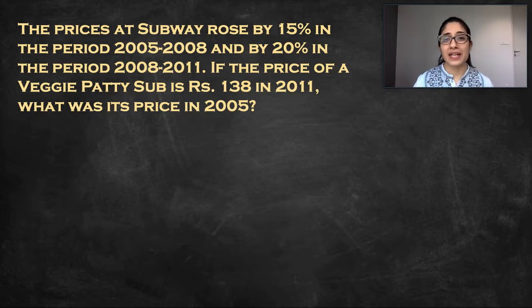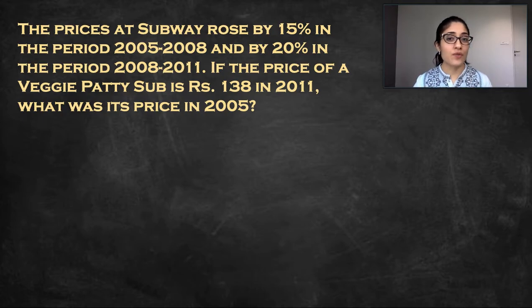Let's look into applications of this concept. Let's see this question here. The prices at Subway rose by 15% in the period 2005 to 8 and by 20% in the period 2008 to 11. If the price of a veggie patty sub is 138 in 2011, what was its price in 2005?